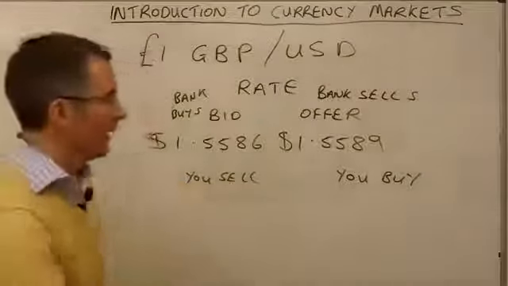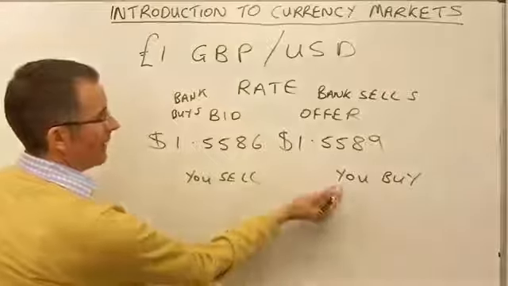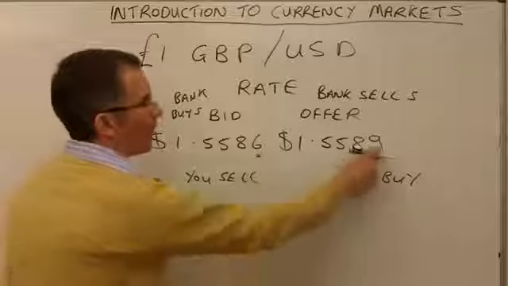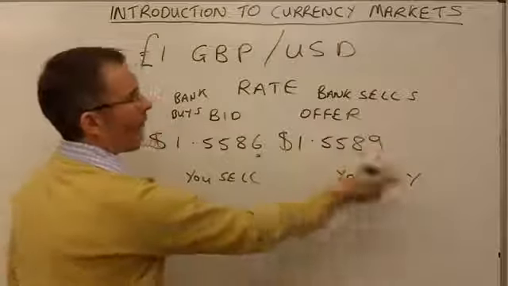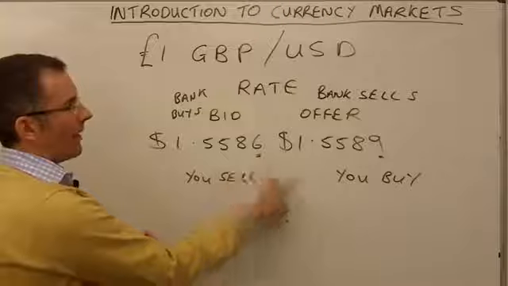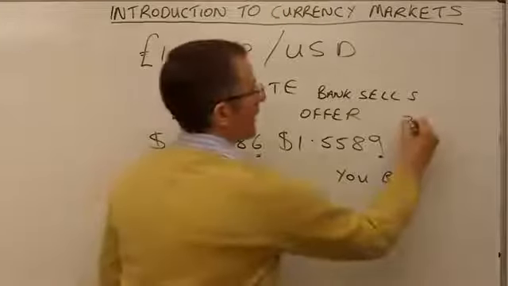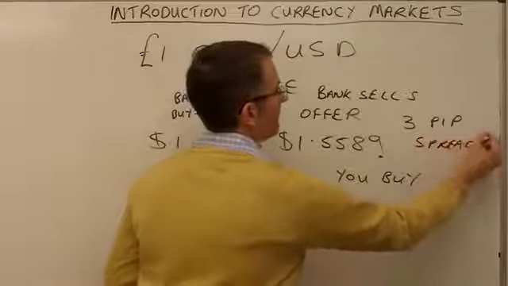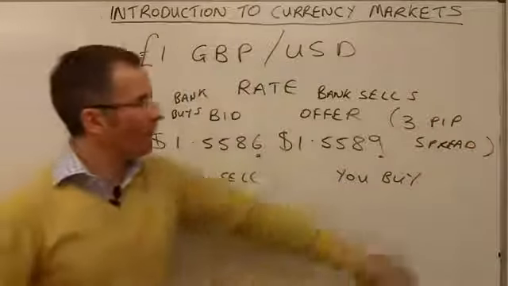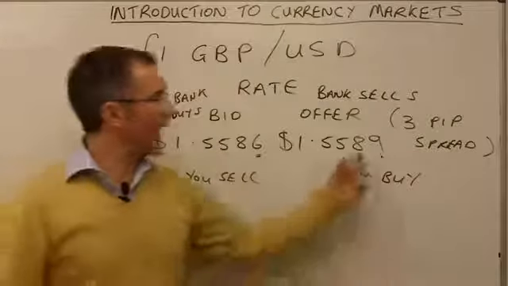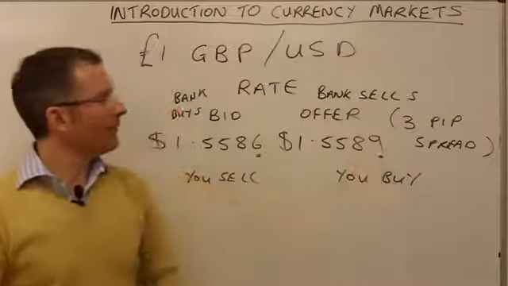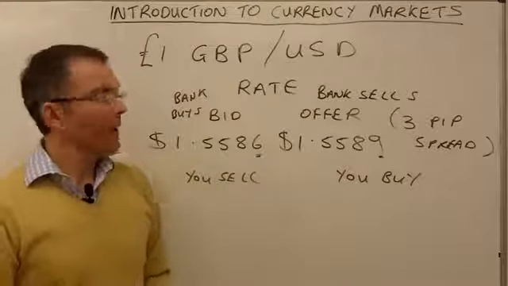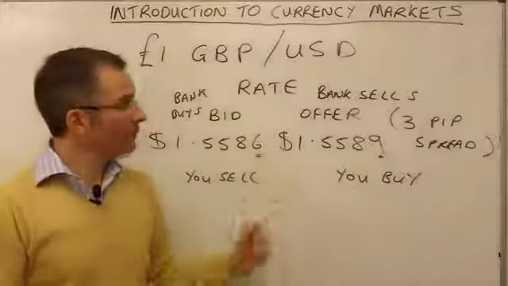And here's another bit of jargon. The spread here is 3 something. So 86 plays 89. That's a very small proportion of $1, 0.0001 if you like, of the dollar. So that would be known, just a bit of jargon, as a 3 pip spread. That's not particularly important, it's just a piece of market jargon, but it just says, well look, the gap between the buy rate and the sell rate, if you like, is 3 pips, and a pip is the smallest movement in a currency recognised by someone trading it.